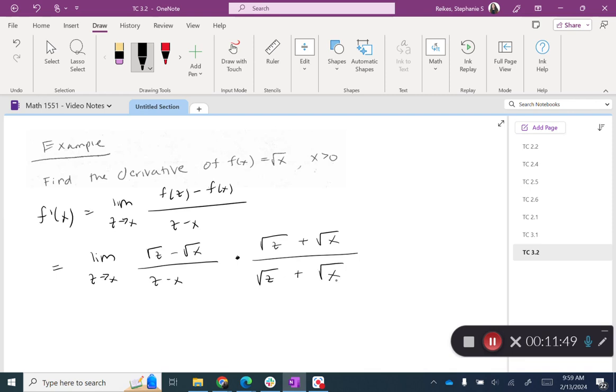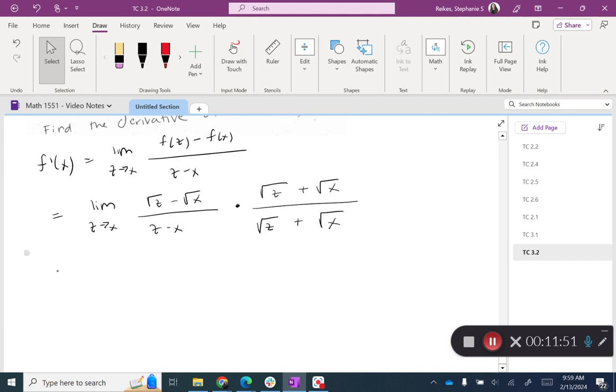All right, and from here I'm going to FOIL and do some algebra. Let's see, I have the limit as z approaches x. When I FOIL my numerator, I'm going to be left with just z minus x. And then on the bottom, instead of actually FOILing, I'm just going to leave it side by side because we are going to have some things cancel out, of course.